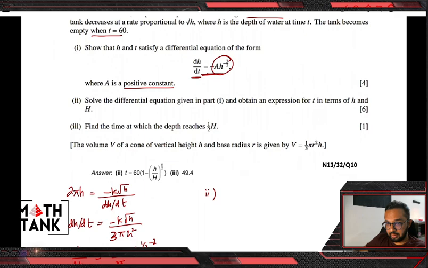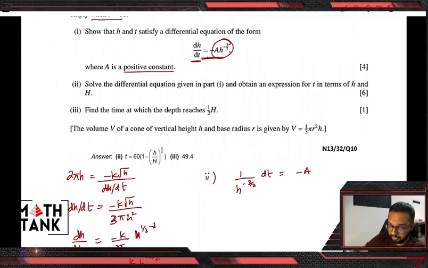Part 2 says solve the differential equation. So I'm going to move h to this side, and I'm going to say that this comes out as h power minus 3 over 2 dh, and dt here. I'm going to let it remain as minus A. Let's see what happens later on.